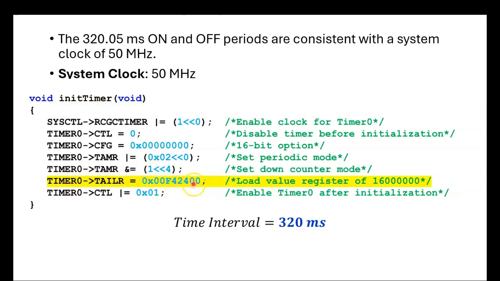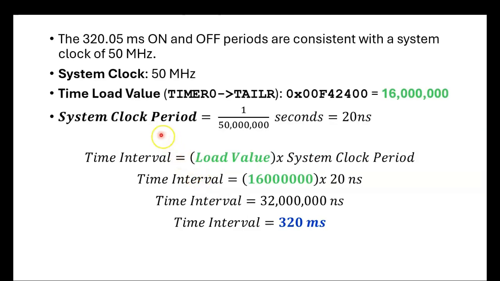It's this statement here that I highlighted. This is where we set the time interval to 16 million, and this is the hex equivalent of it, 00F42400.